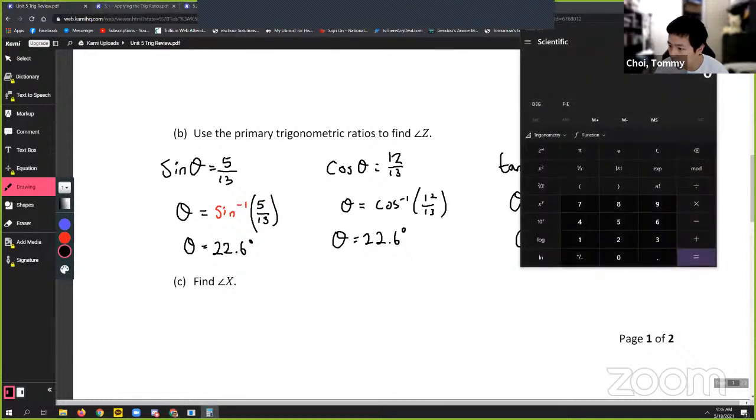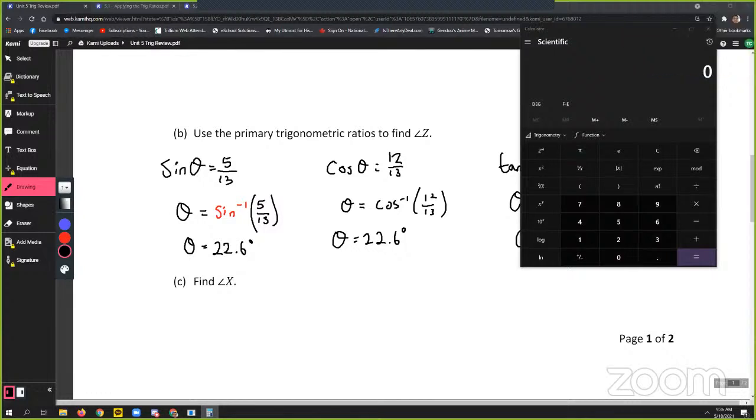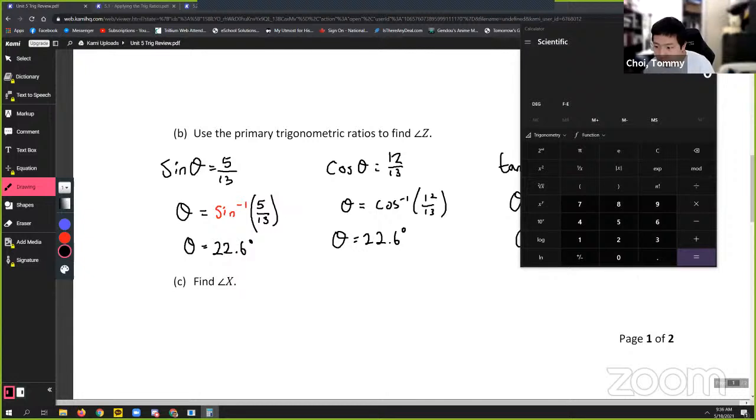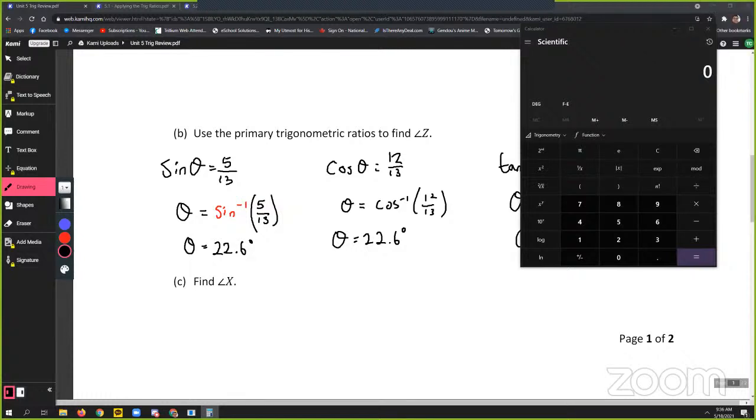I'm assuming everyone that is messaging me saying you didn't get the second one, 22.6, you guys are iPhone users? I have a scientific calculator. Wait, so hold on. Does the sine one work? Never mind, I actually forgot to divide it. That's my fault.